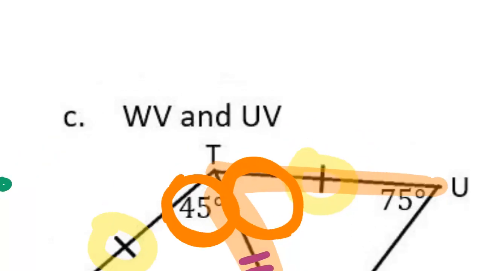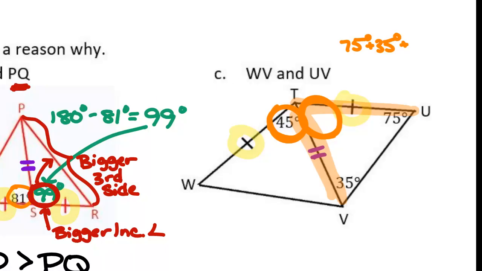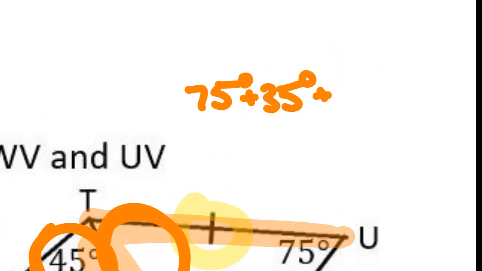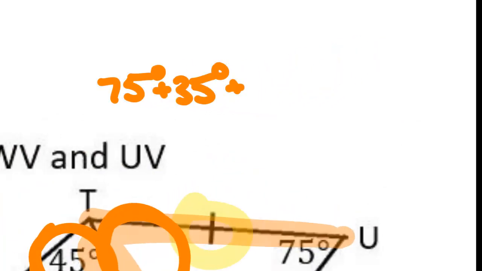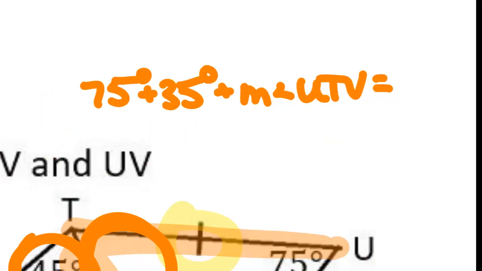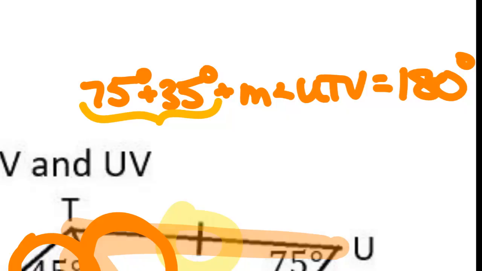So we're going to do 75 plus 35 plus the measure of angle UTV. We're going to equal that to 180. Then we'll combine our like terms. What is 75 plus 35? 110.